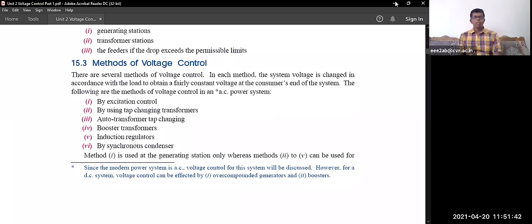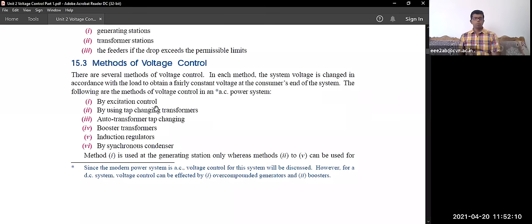The following methods of voltage control in the AC system are: excitation control, tap changing transformers, auto transformers, auto transformer tap changing settings, booster transformers, induction regulators, and synchronous condensers.